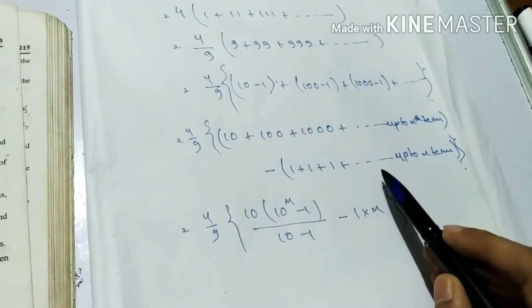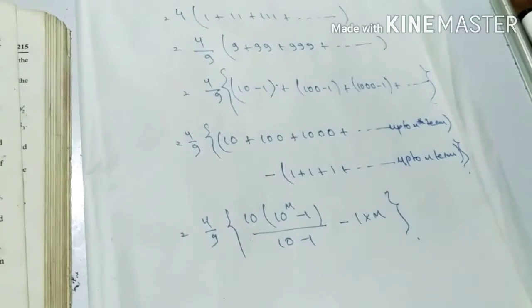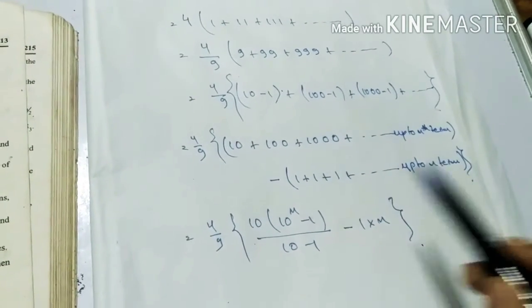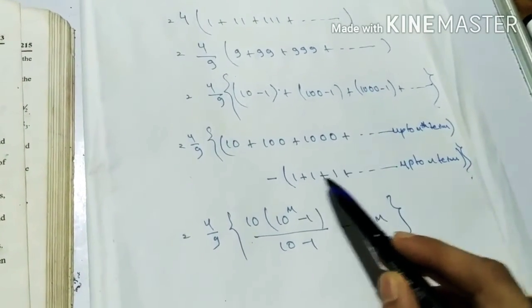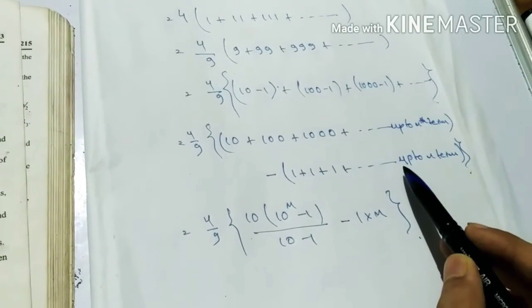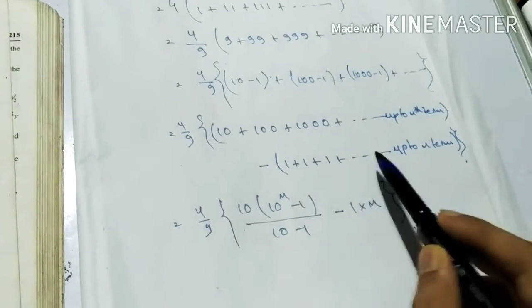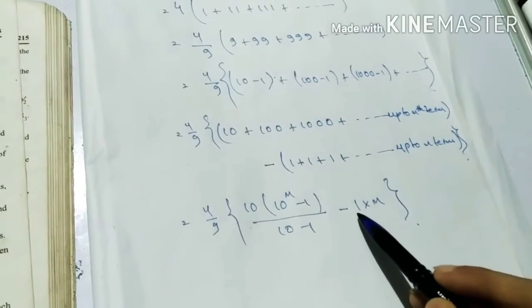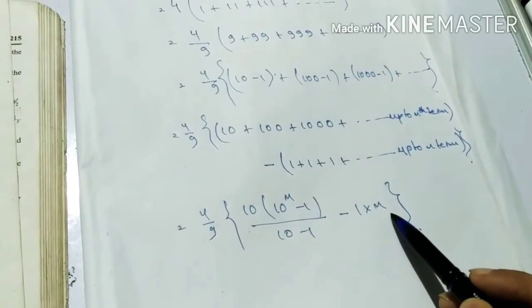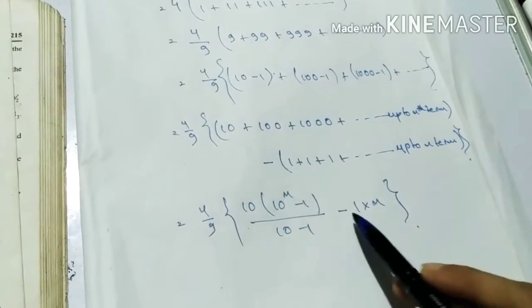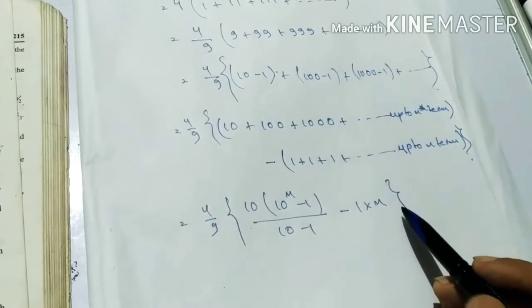That means n numbers of 1 are there, so therefore I will write 1 into n. This is minus there, minus 1 into n.